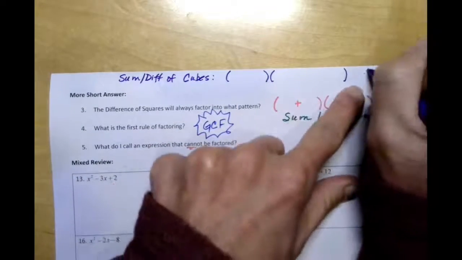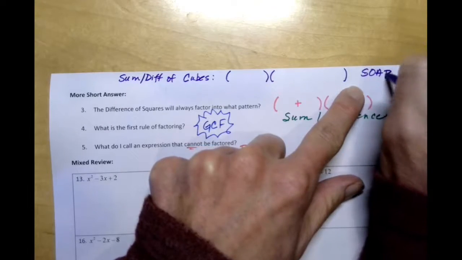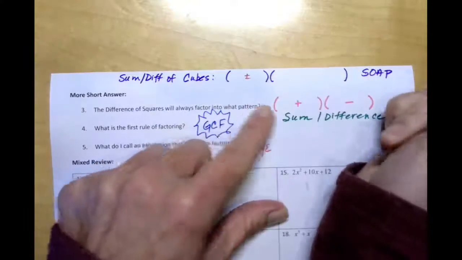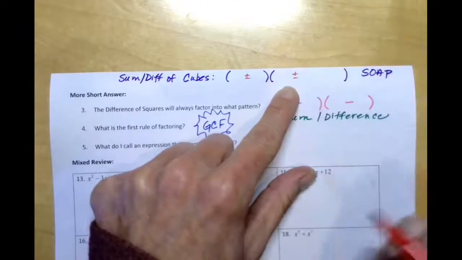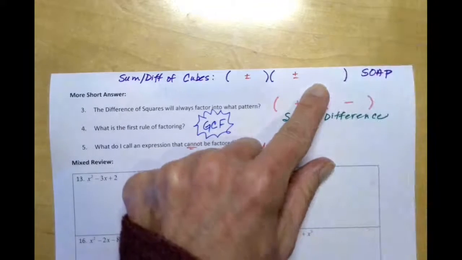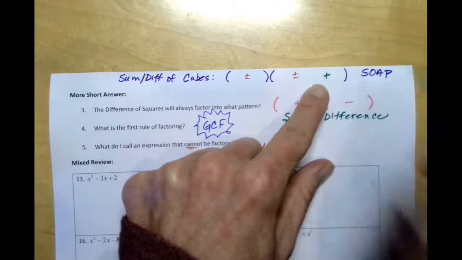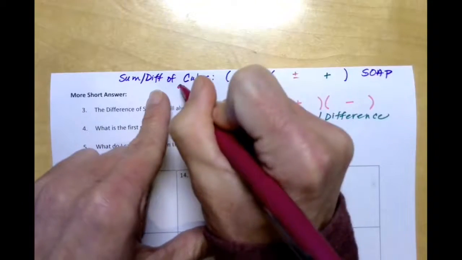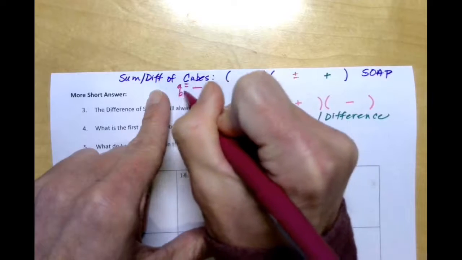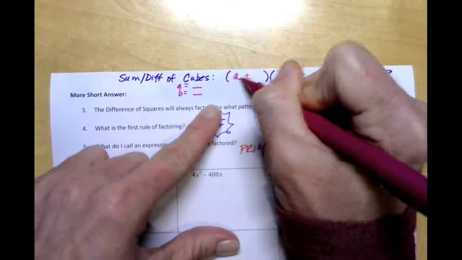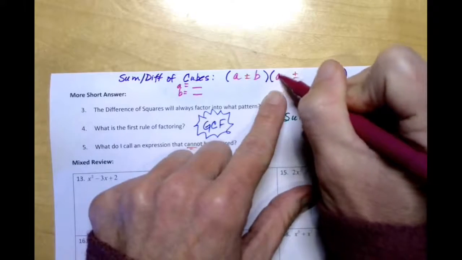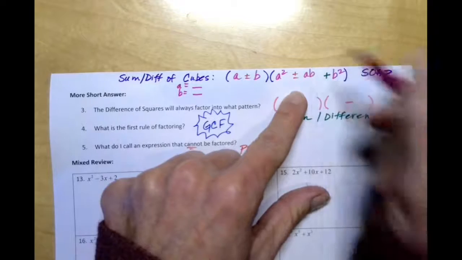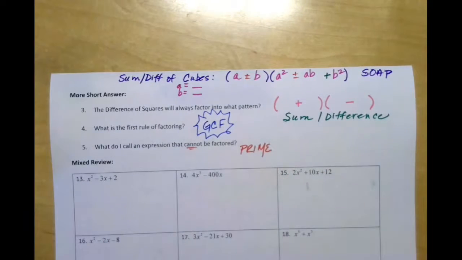You're going to use same, opposite, always positive to know whether this is plus or minus. But the good news is this one is always positive. You're going to find your A and B, and this is going to be A squared, and this is always going to be B squared, and this is going to be A times B.